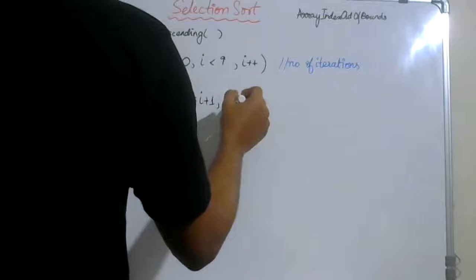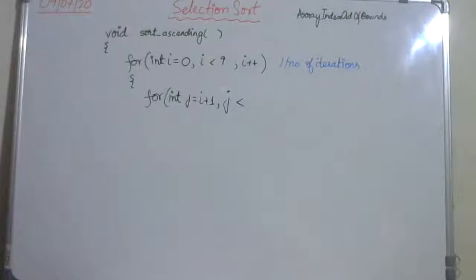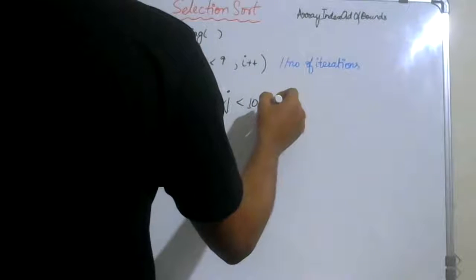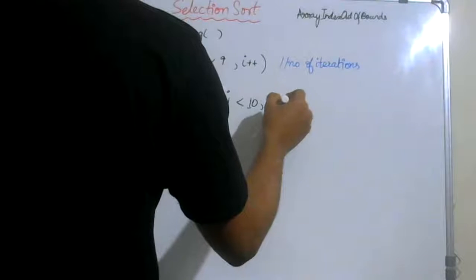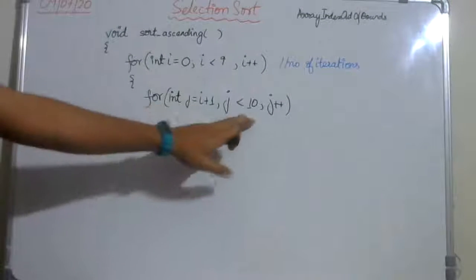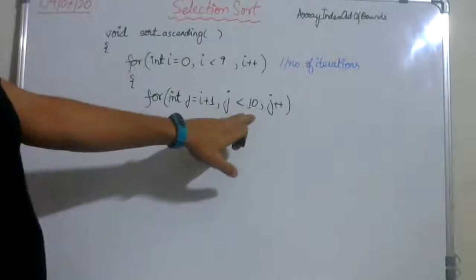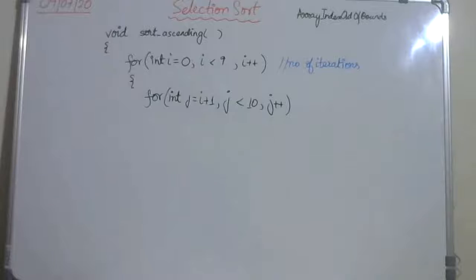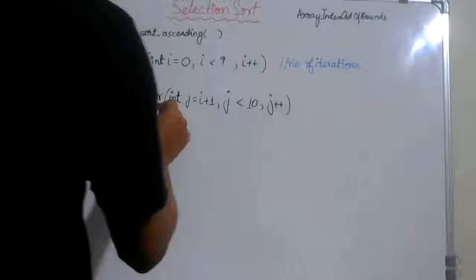J will always run up till the array is exhausted. So j is less than 10, because we are going to compare it with all the elements in the array. So it runs up till the array is exhausted, for the whole size of the array, and j plus plus as usual.